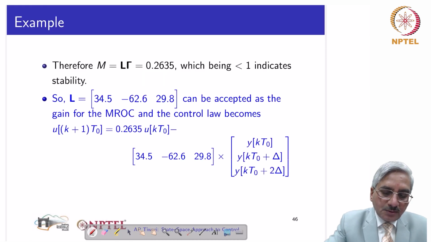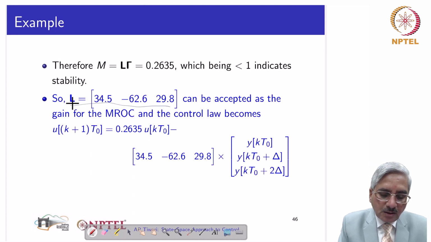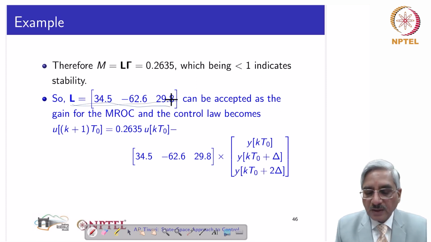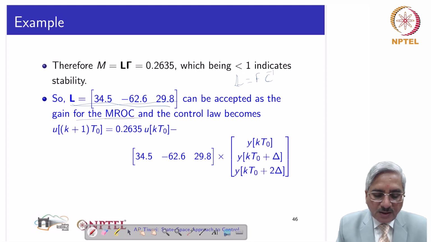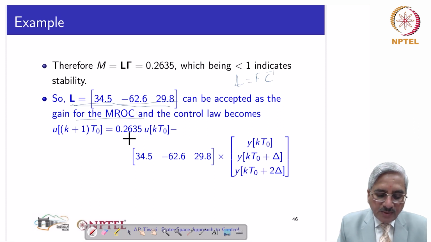So now, looking at all those results, we can now say that this L, which was obtained by solving L equal to F C inverse, C is bold C, L is bold L, can be accepted as the gain of the multirate output controller. And the control law becomes this.